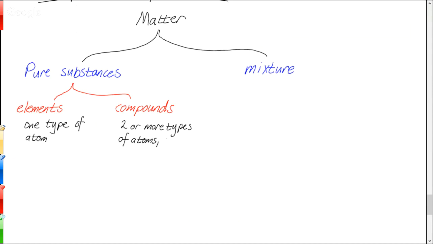And then here's the key, that they are chemically bound. So the essential difference between pure substances and mixtures is that pure substances can only be broken down by chemical reactions, whereas mixtures can be separated physically.